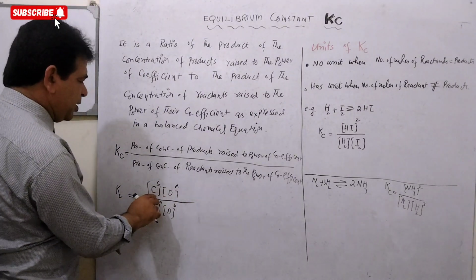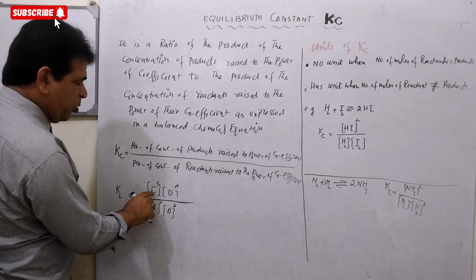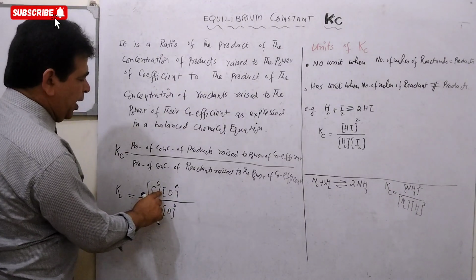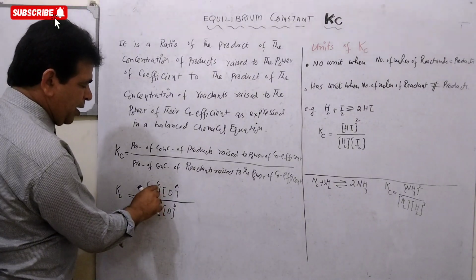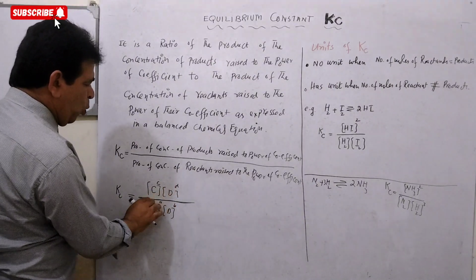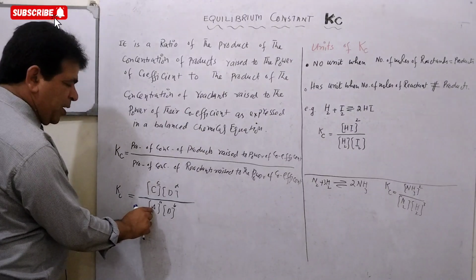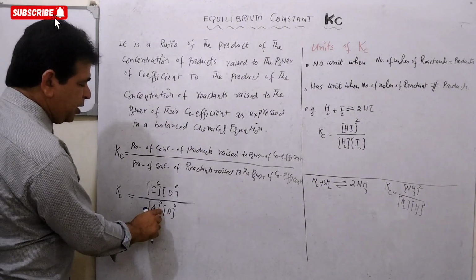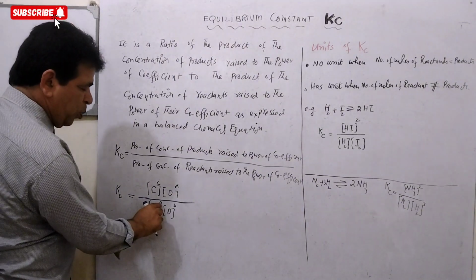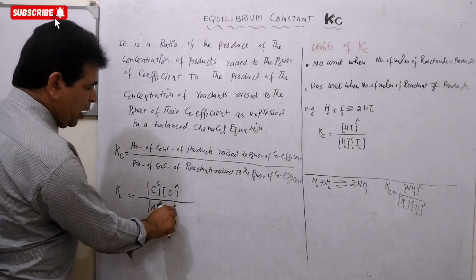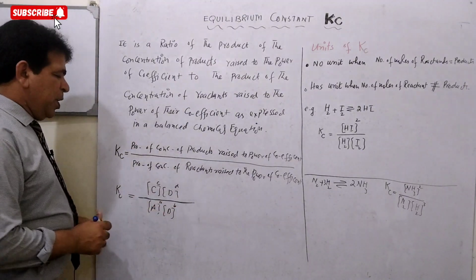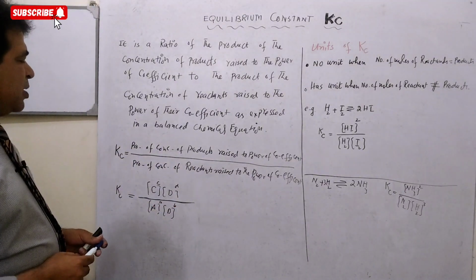Now, what are the products here? The products are C and D, and we have taken their product, with their powers raised to c and d, over the product of the reactants A and B, which means they are multiplied with each other, and the coefficients are taken as their powers. These coefficients, small a and small b, are as in the balanced chemical equation.